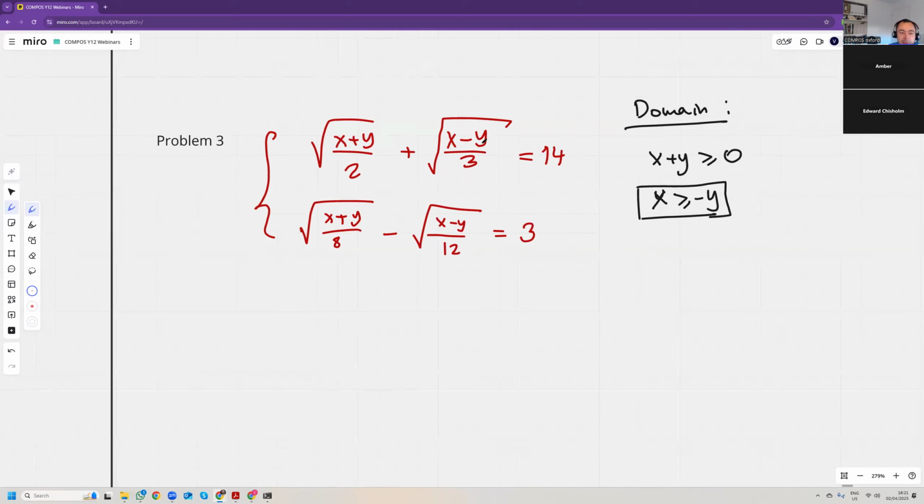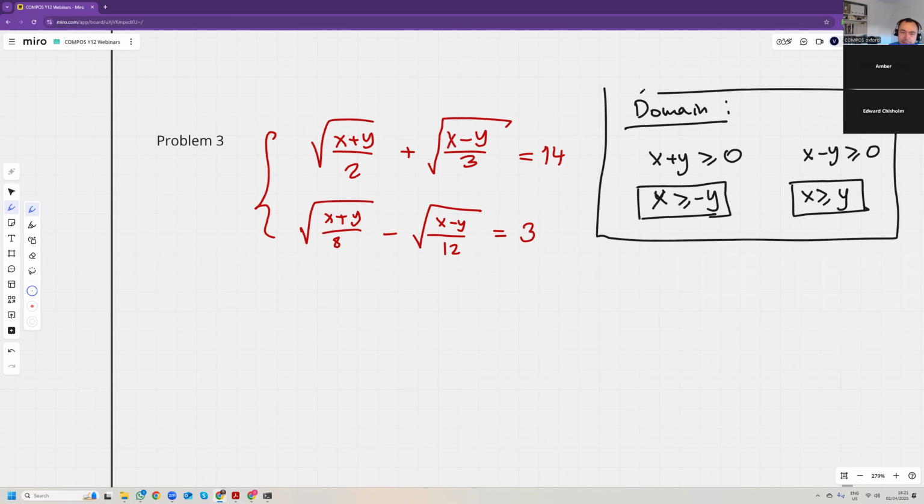And secondly, x minus y is greater or equal to 0, because you can't take the square root of a negative number. x is greater or equal y. Okay, so both of these have to be true. We'll just keep that in mind.